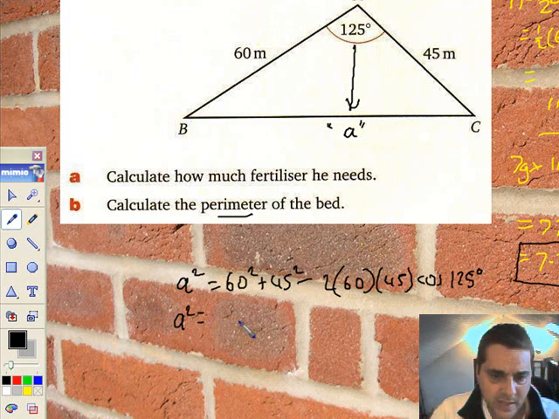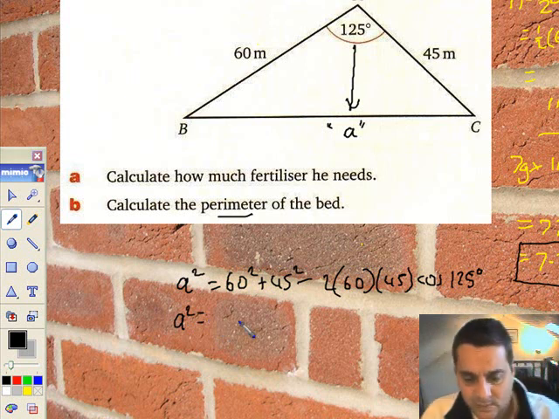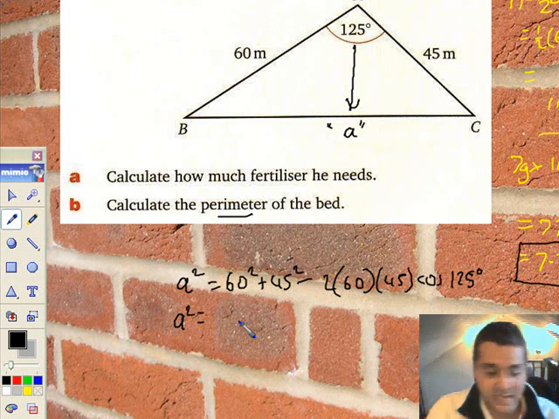So here we go, A squared is going to be 60 squared plus 45 squared, take away 2 times 60 times 45 times the cosine of 125. And again, calculators can handle it beautifully.